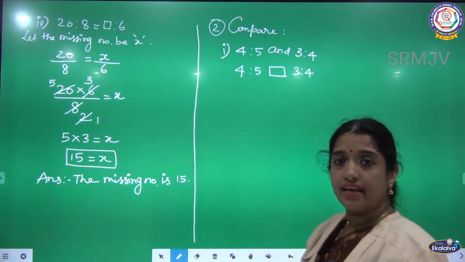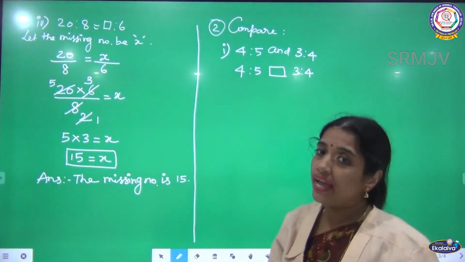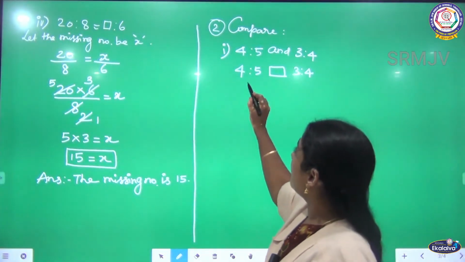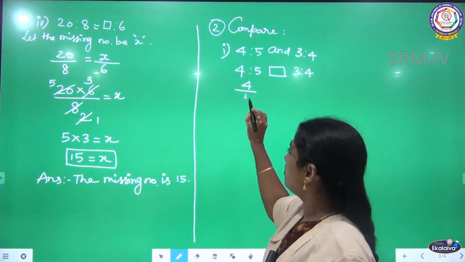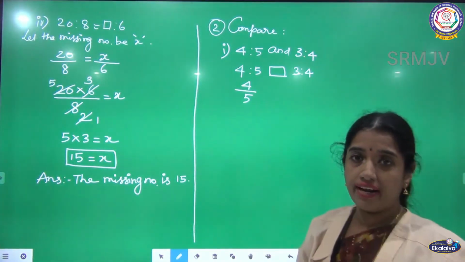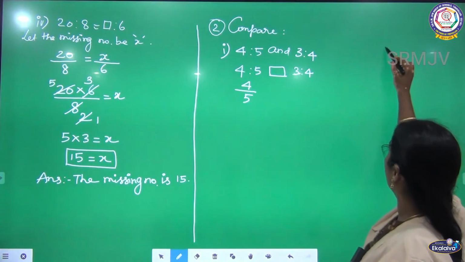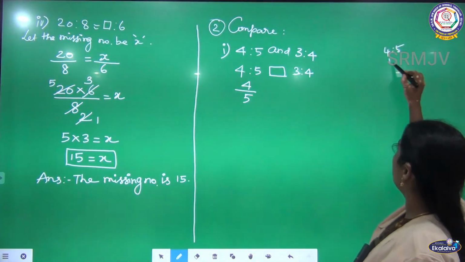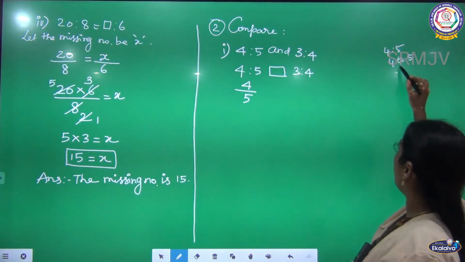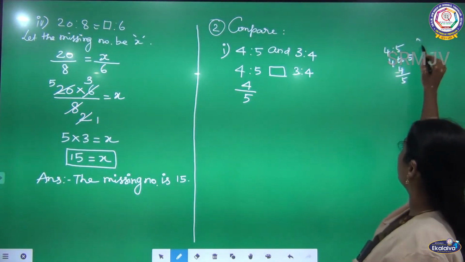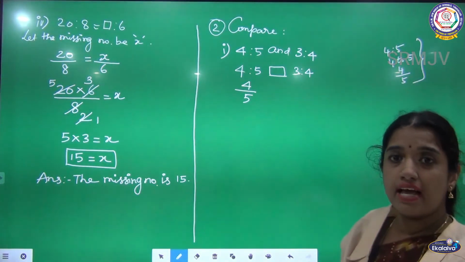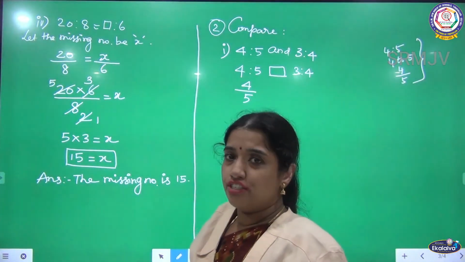Okay. Now listen. 4:5, how can I write this, children? I can write 4 by 5. Got it? See, I can write the ratios in 3 ways. One is what? 4:5, 4 to 5 and 4 by 5. So, these are the 3 ways I am going to write the ratios.